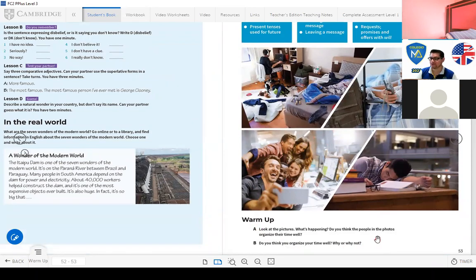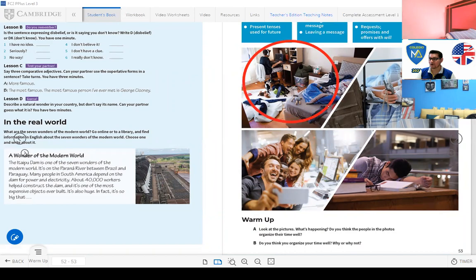Do you think the person in the photo organized time well? Does this person organize his time well? Yes or no? I don't think so, right? He's doing something on the computer and everything is a mess here. Definitely, he doesn't organize his time very well.